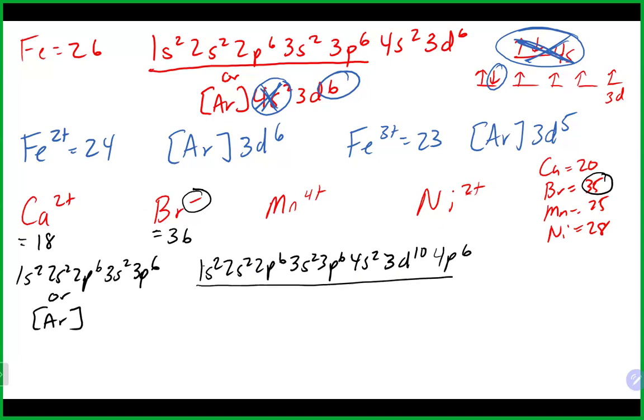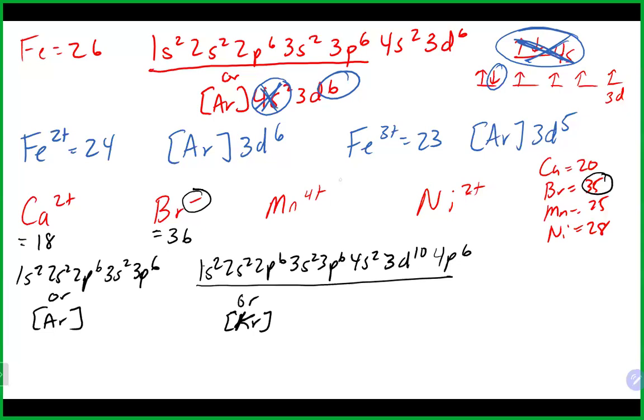That is 36, which all together ends us at krypton in terms of our configuration. Any questions on that? Again, a representative element gaining an electron goes forward to the noble gas that comes after it on the periodic table, so it ends up at krypton's configuration.